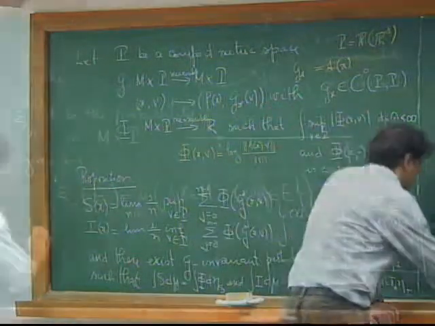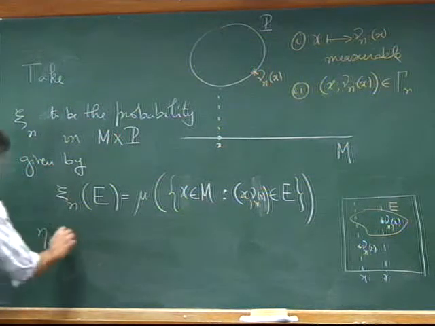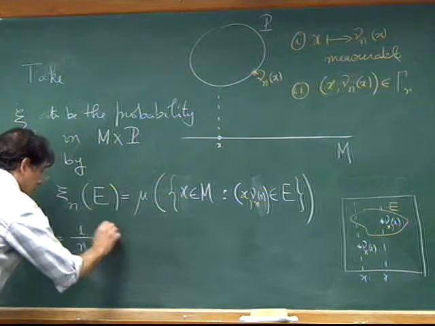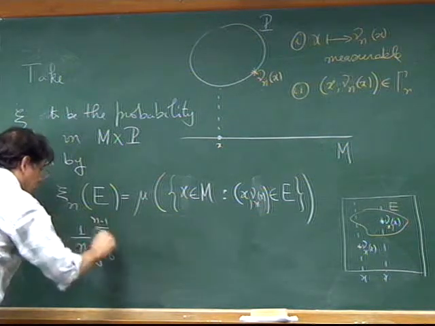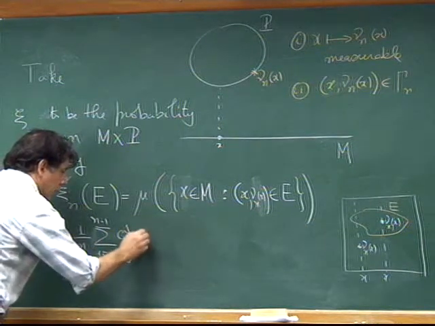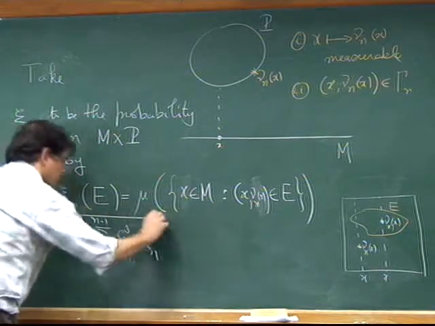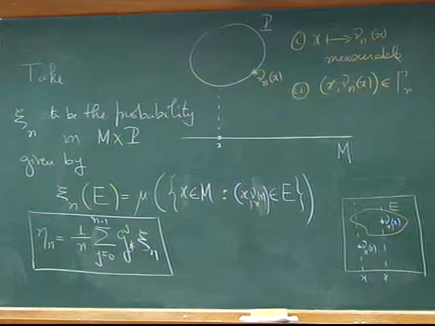But now we construct eta n. We let eta n be 1 over n sum j from 0 to n minus 1 of g j star of xi n. You just iterate it forward. And you take the limit of the iterates.